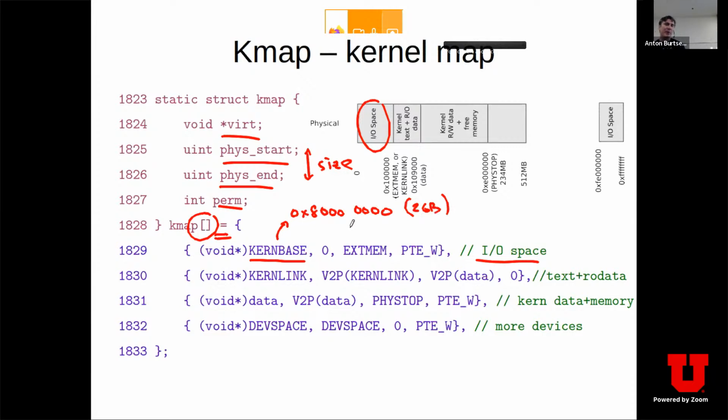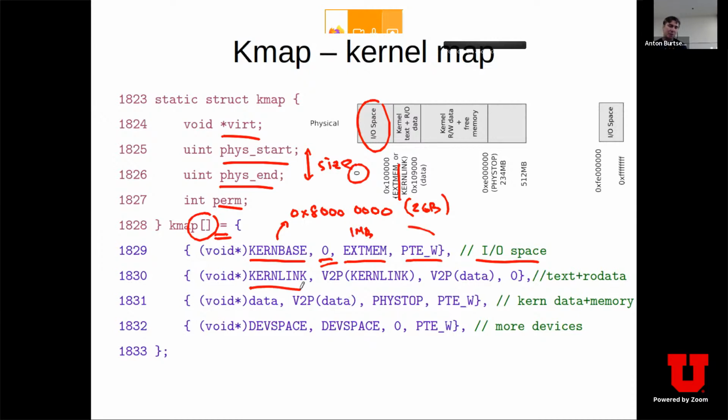Virtual start, that's where we want to map it. Physical 0, because it starts at physical address 0. We go up to this constant, which is extended memory. So this is the physical end, which is the first megabyte. And the permissions are write permissions, right?